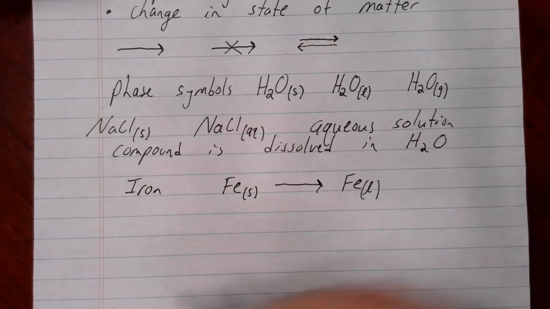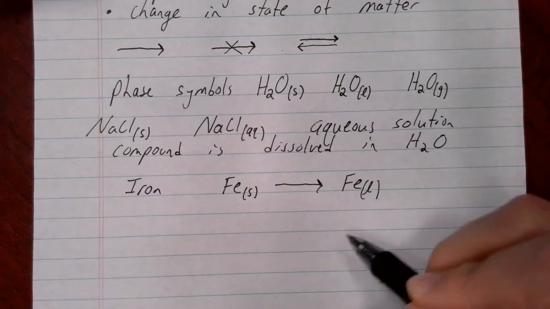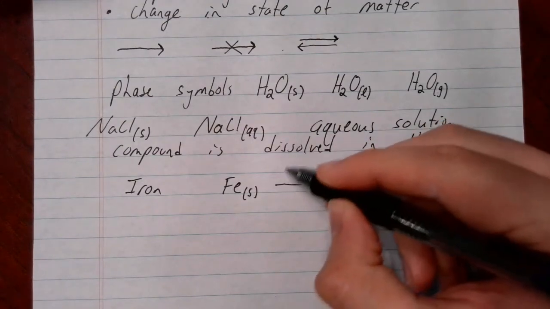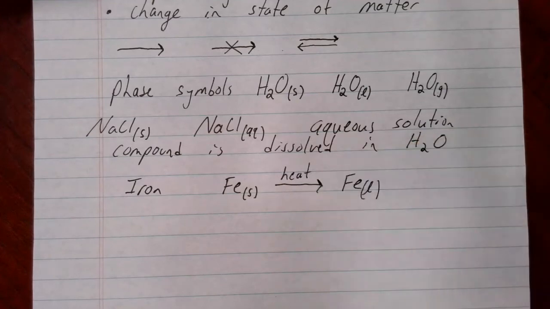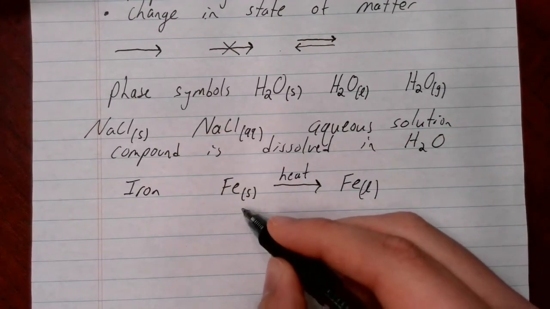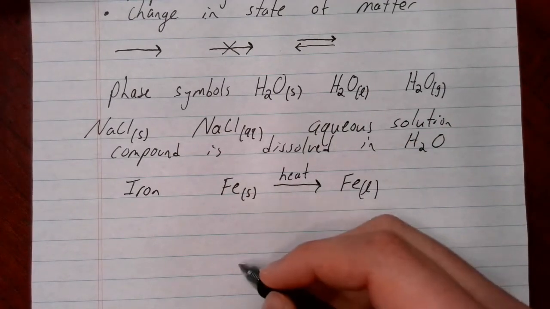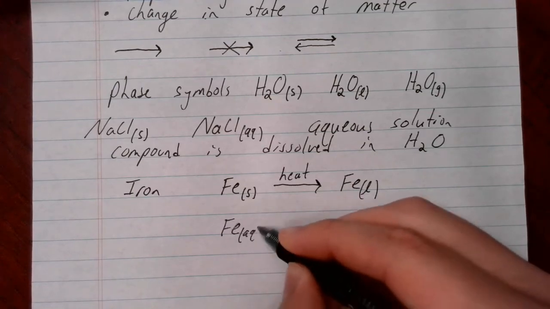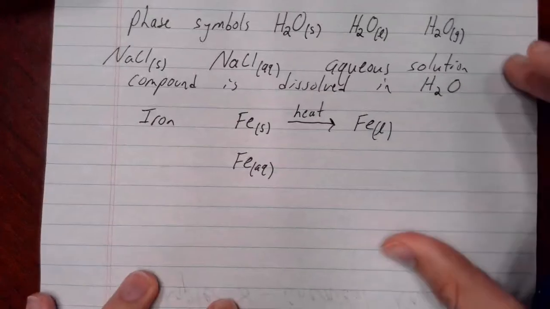Okay. So I apply some heat and I melt iron. So now I have liquid iron. So we'll just say heat. I had to melt it to get there. But let's say you take the solid iron, you mix it with water, and it dissolves. Okay. Then you have aqueous iron.